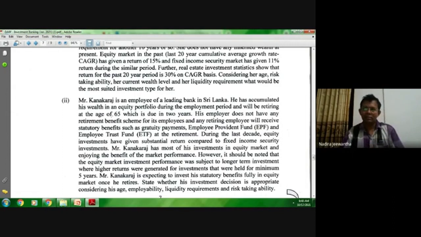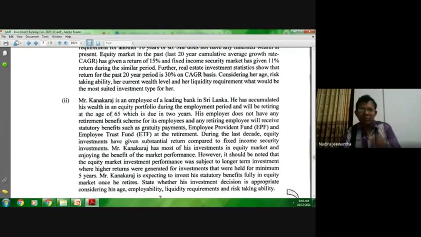But here, if you heard something, he is 65 years old, and once you invest in the share market, you might lose it. Similarly, with the pension funds. If you see today's Sunday Times paper, the first line on the first page says the ETF has invested in Laugh Gas and incurred huge losses.